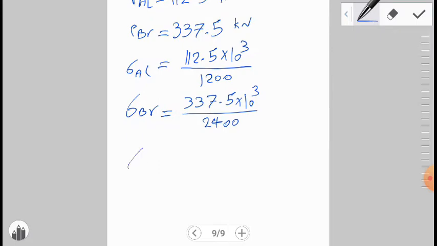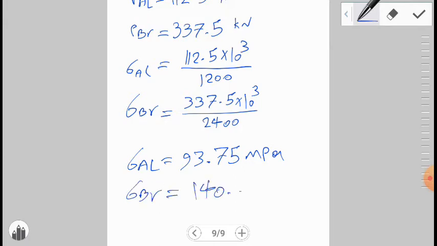Finally, we can say sigma aluminum is equal to 93.75 MPa and sigma brass is equal to 140.6 MPa.